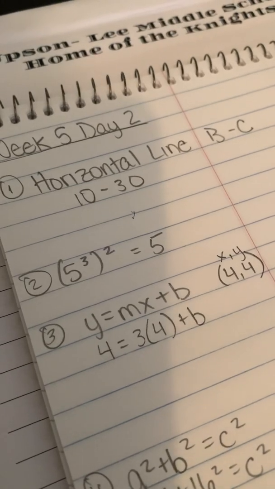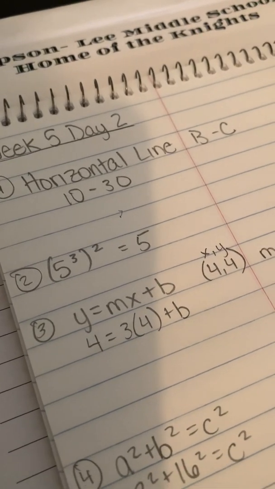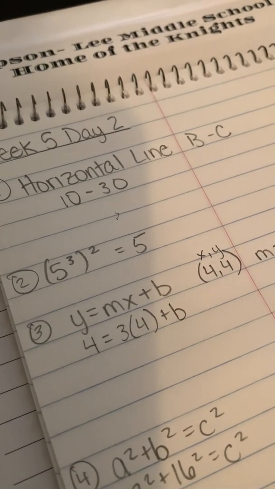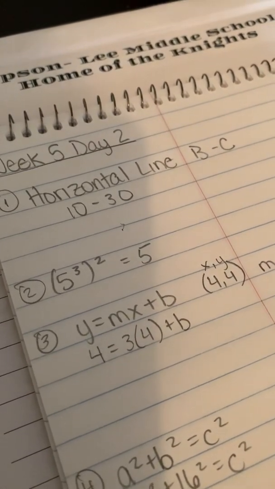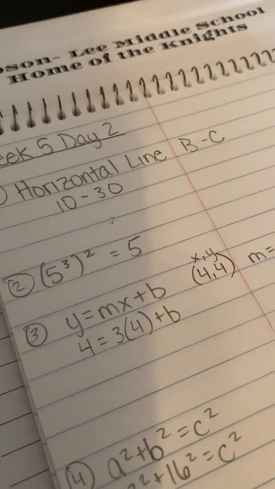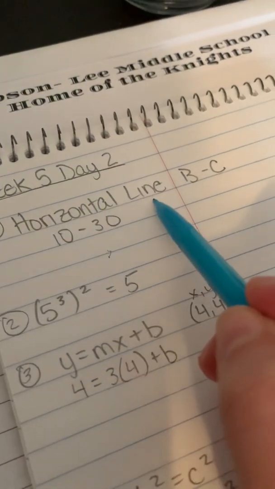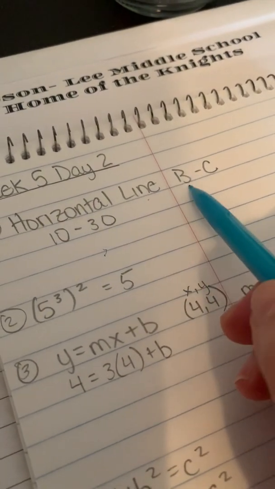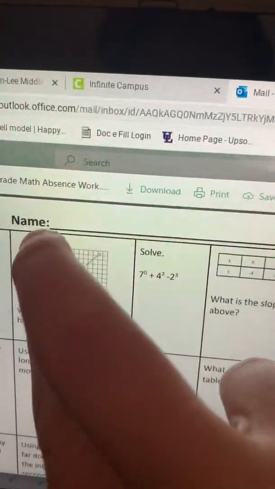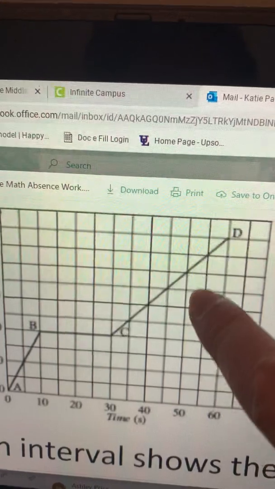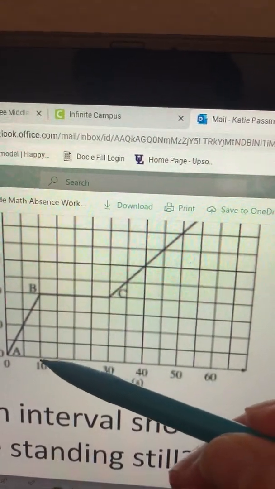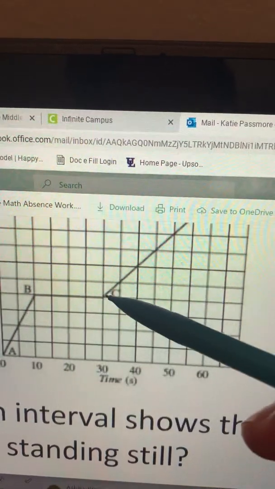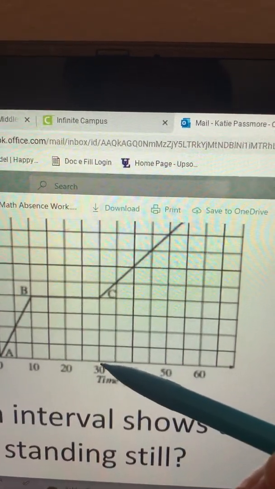Number 1 says, using the graph above, how long does the horse stop moving? So we established yesterday that the horse stopped moving between interval B and C because a horizontal line represents no movement, and that was between B and C. If we scroll back up to yesterday and look at our graph, we notice that point B is at a time of 10 seconds and point C is at a time of 30 seconds.